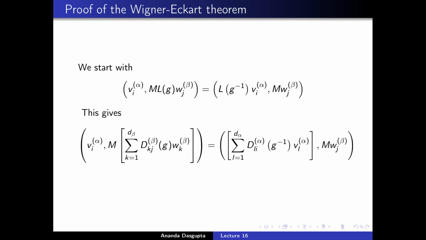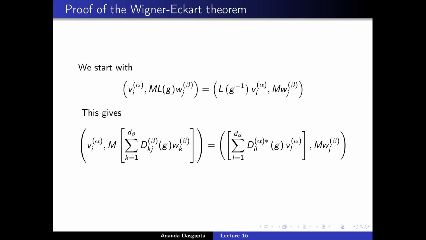On the left hand side, L_G acting on W_j^β has given me a combination of the basis vectors which span the βth irrep, that is D_kj^β(G) W_k^β summed up over all k running from 1 to d_β. On the right hand side, on the other hand, L_G inverse V_i^α becomes a linear combination of all the vectors V_l^α, l running from 1 to d_α, which span the αth invariant subspace. And here the coefficients, of course, are going to be D_li^α of G inverse.